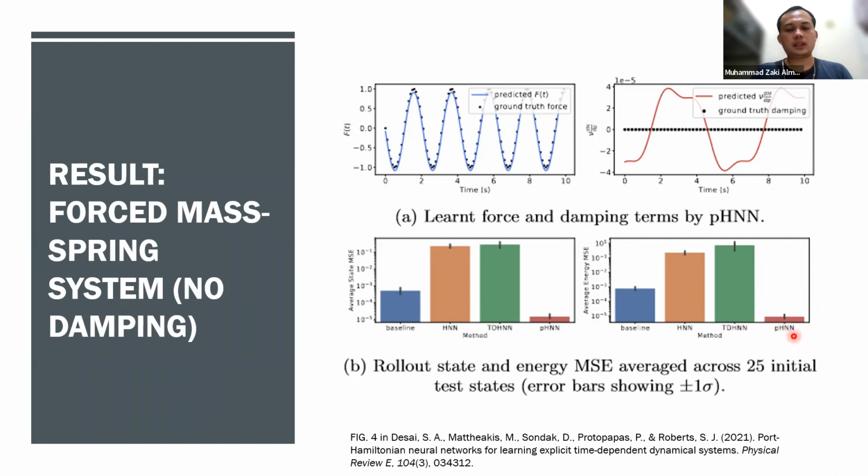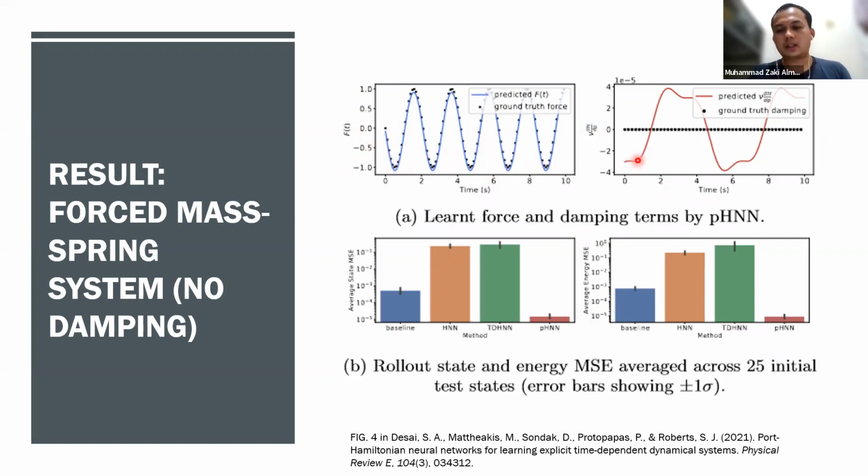The Port-Hamiltonian neural network in this case still works and still outperforms the rest of the methods. You see here the recovered force is almost the same as the ground truth force. I think in this case they used simple negative sinusoidal waves for the external force.